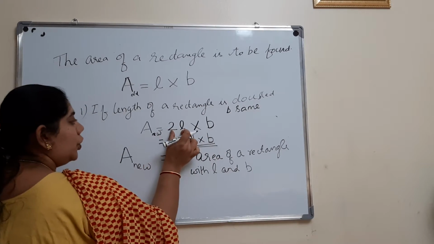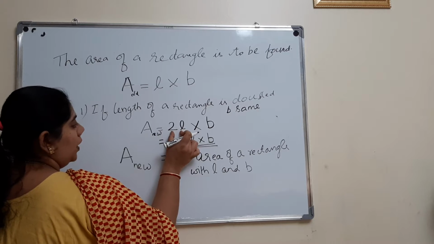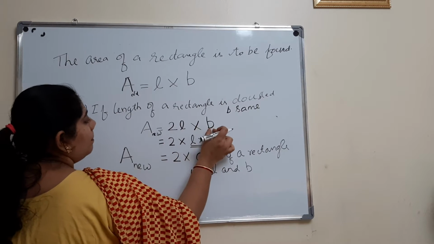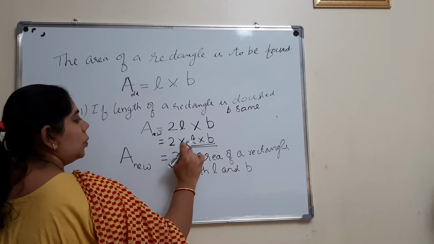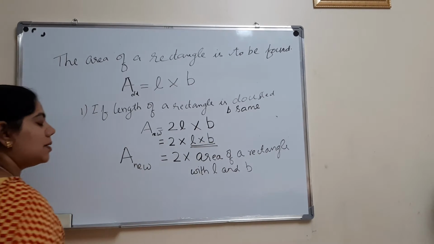So this is our new length. 2L is our new length into B. So 2L into B means 2 into L into B. That is the meaning.